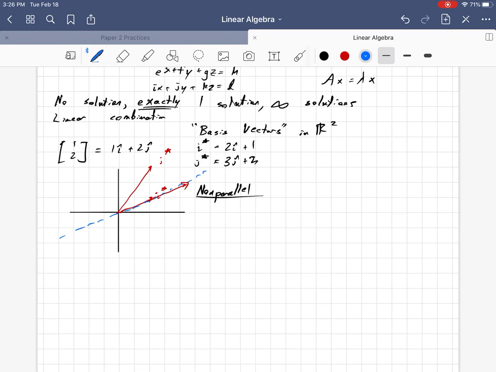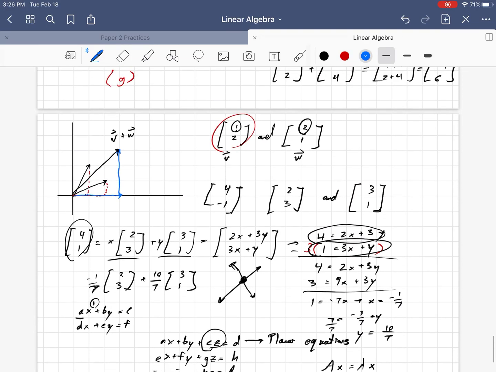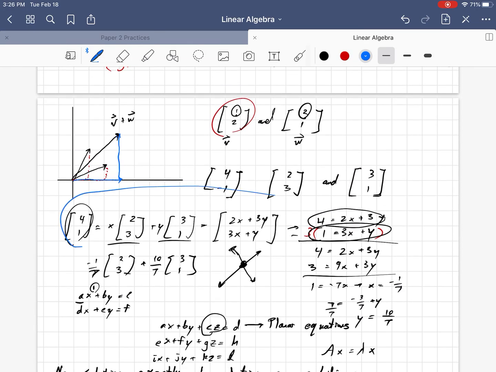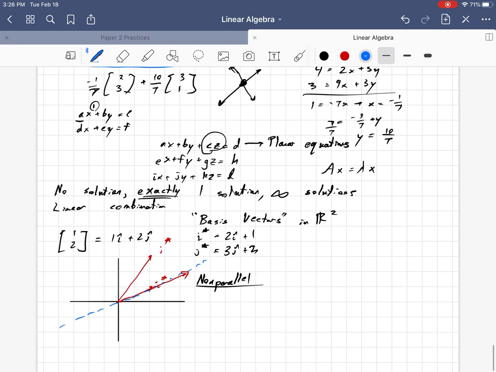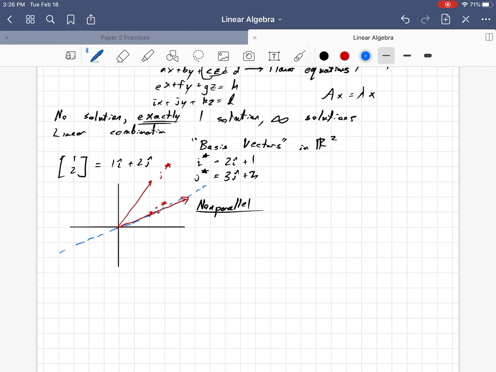And I then encourage you to explore those possibilities for maybe the vectors you thought you couldn't express, and see why you can indeed express them. And you could use the algebra that happened right here to show that you can in fact express the vectors that maybe you thought couldn't be expressed as a linear combination of your new basis vectors.